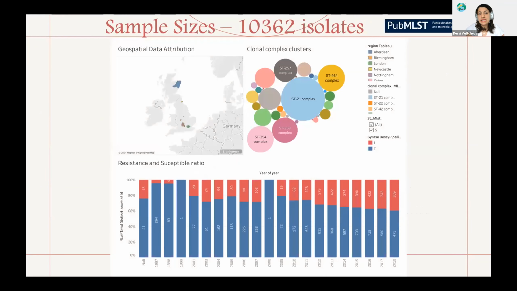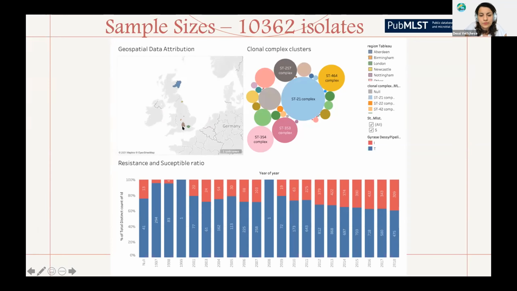My data is all coming from the PubMLST database, and mainly it is coming from Aberdeen, Newcastle, and Oxford.